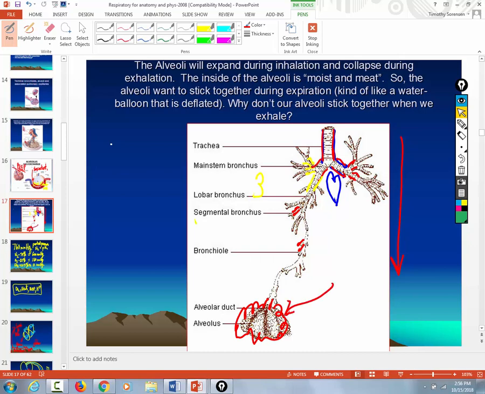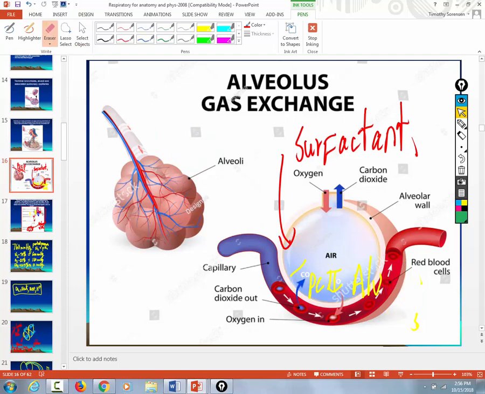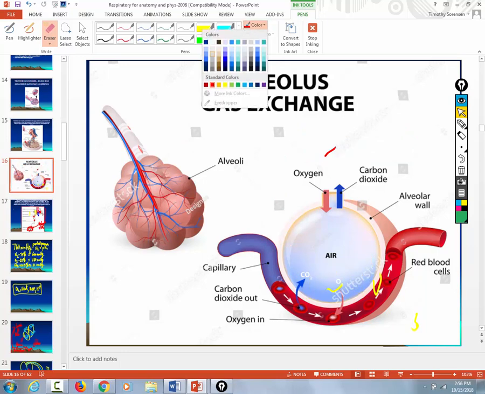And it is in the alveoli that you exchange oxygen and CO2. Now, we learned that every alveoli is associated with a pulmonary capillary.